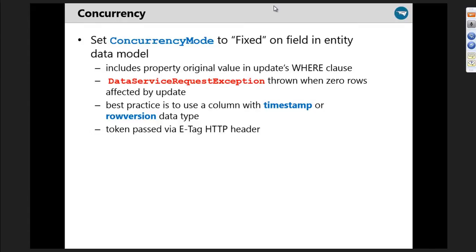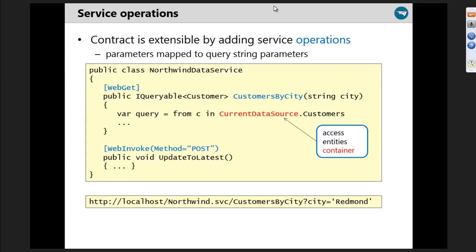And so when it does an update, and the row version or timestamp has changed out from under it, you will get a data service request exception, right? Which is probably what you want to do, rather than just guessing about overwriting or preserving. You actually want to know it was changed by someone, and I want to know what exactly changed. Okay, again, I'll try and come back to that a bit in the end.